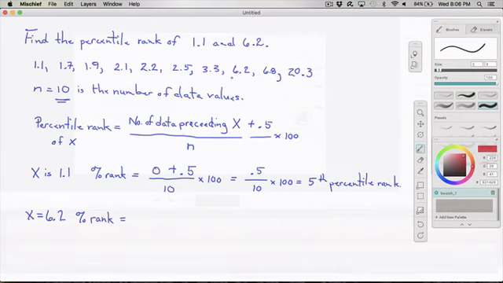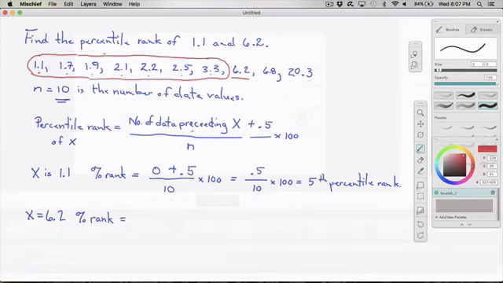Notice that here is 6.2, but the problem says the number of data preceding X. Well, all of these values here are lower than X. And I forgot to say this because the list already did it, but you always need your list in ascending order, just like this one was, meaning from the lowest value to the highest. So when we look at 6.2, we have 1, 2, 3, 4, 5, 6, 7. We have 7 values that are lower than 6.2.